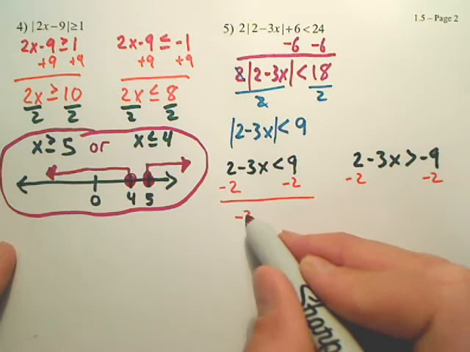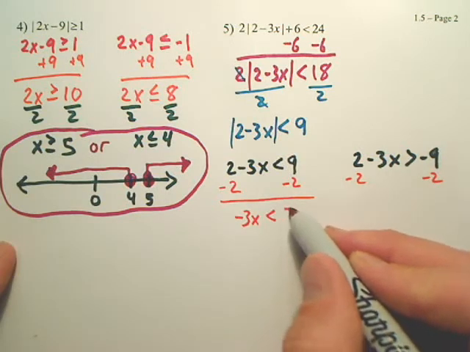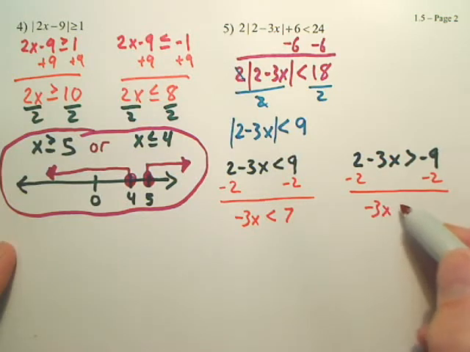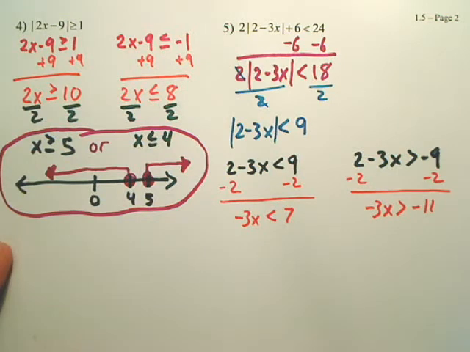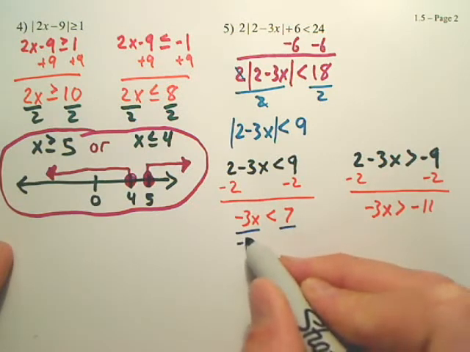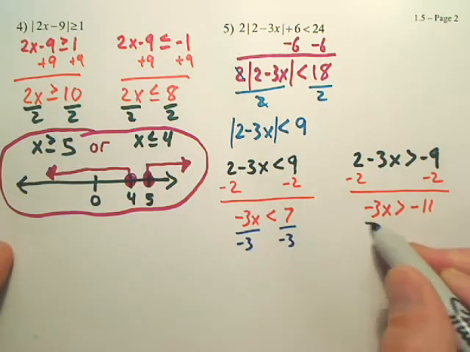This one's going to be negative 3x is less than 7. This one's going to be negative 3x is greater than negative 11. And then we have to divide by negative 3.